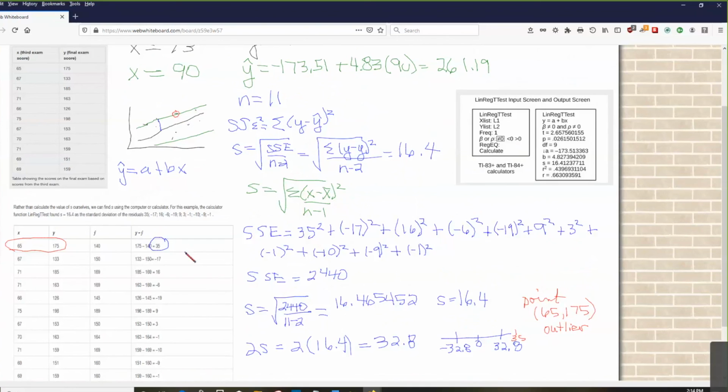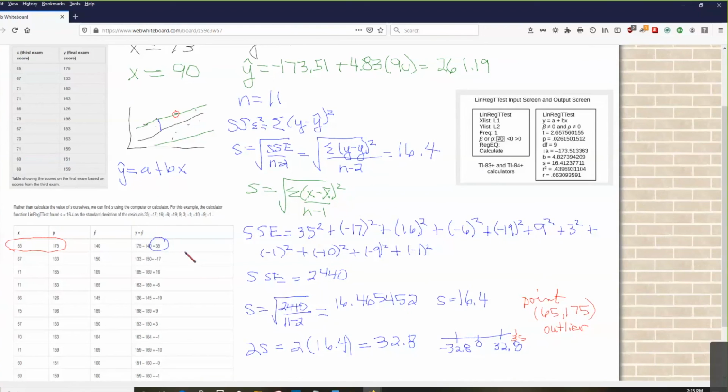If it's an error, then either you need to correct the error or you just need to delete it from your data and recalculate without that data point. If the outlier is not an error, then you want to make sure that you leave it in the data set and see what it tells you about how it's changing the line.